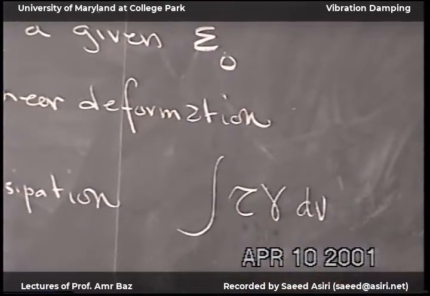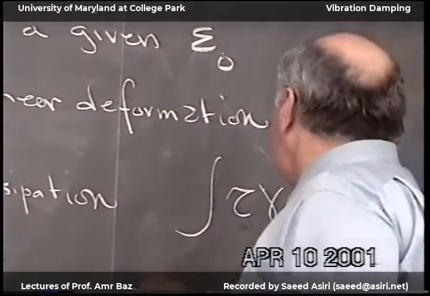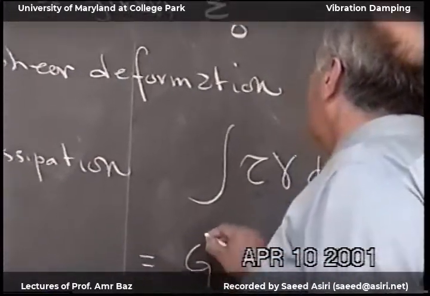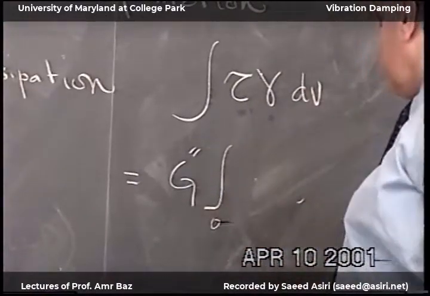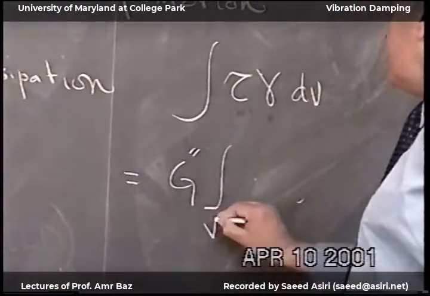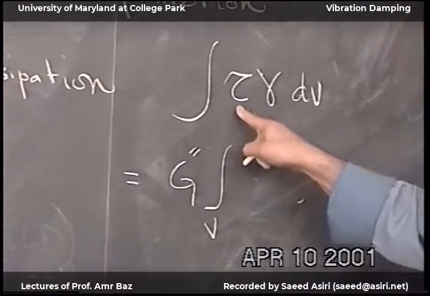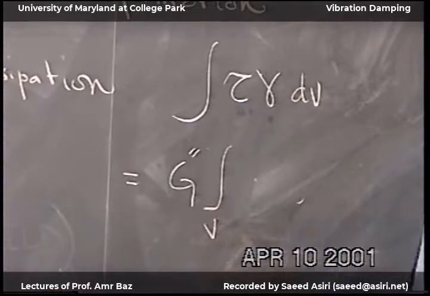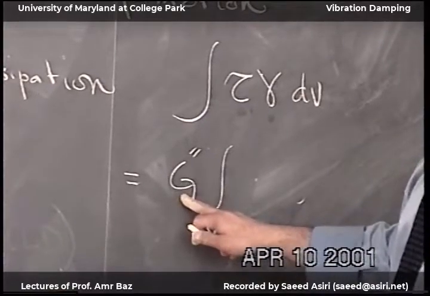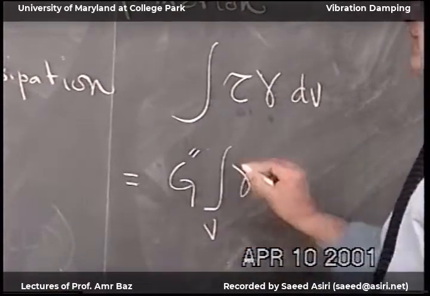Okay? And I can rewrite this in terms of the loss factor integral over the volume, and replace the shear stress by the loss modulus, how much I dissipate, times the angle.